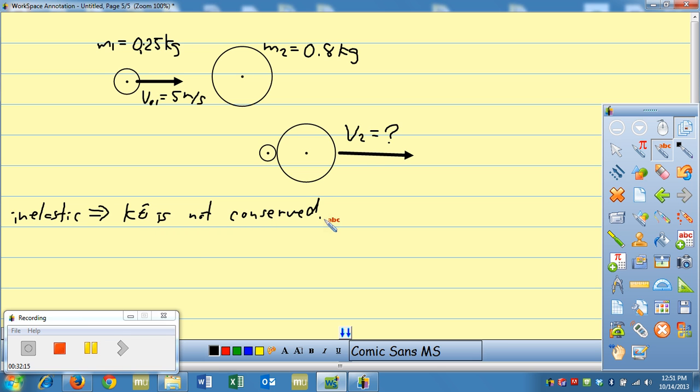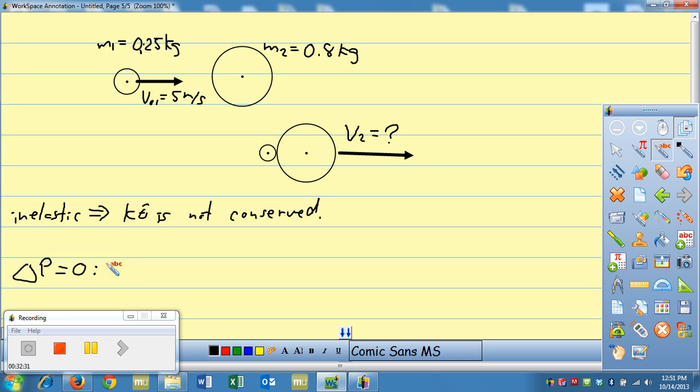That's going to make this problem a lot easier because we've got no squares in here. We have only one equation. We're just talking about conservation of momentum. Okay, we're talking about the fact that the change in momentum equals 0.